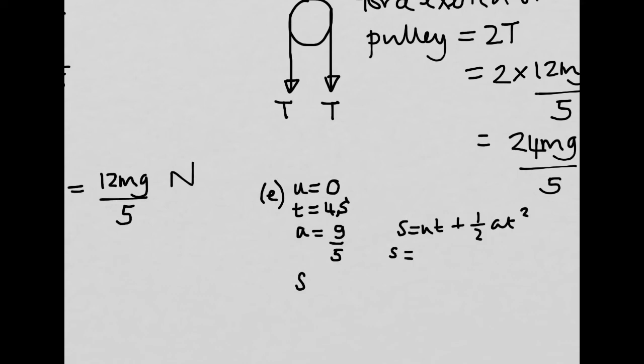s equals, well, ut, that would be 0, because as u is 0, that means that term will be 0, plus half multiplied by g over 5 multiplied by 4 squared.